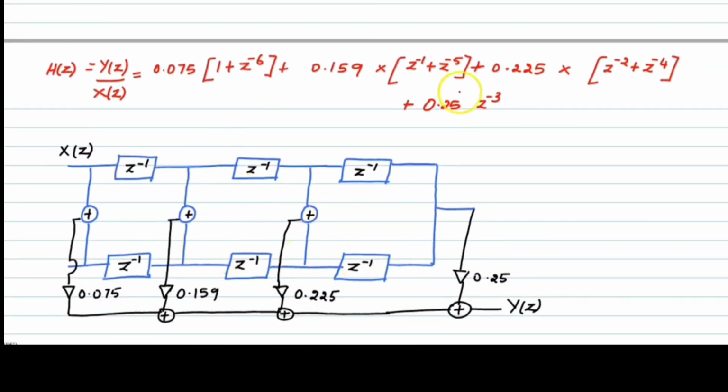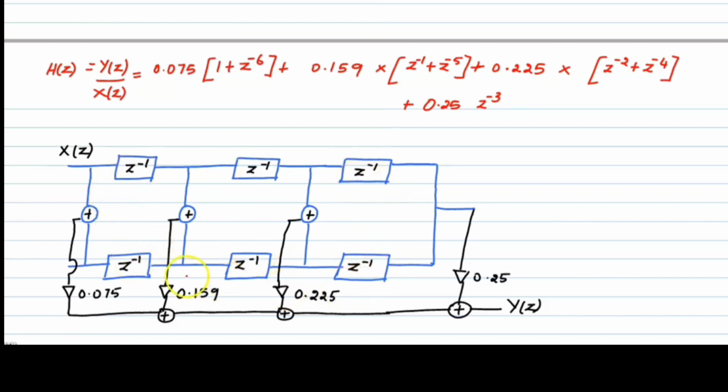So you can see the plus mark. If you multiply, you will get this one. So it will go to the z power minus 6 value. Then it gets added from this direction. So you get Y of z is equal to 0.075 plus 0.075 into z power minus 6.